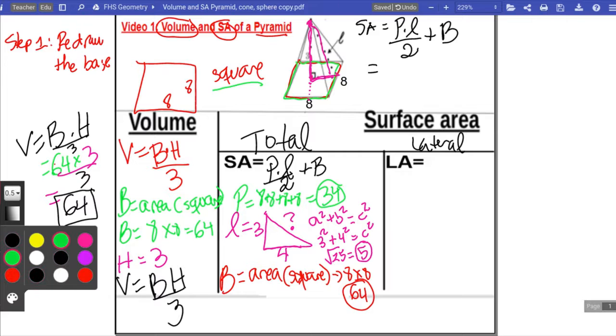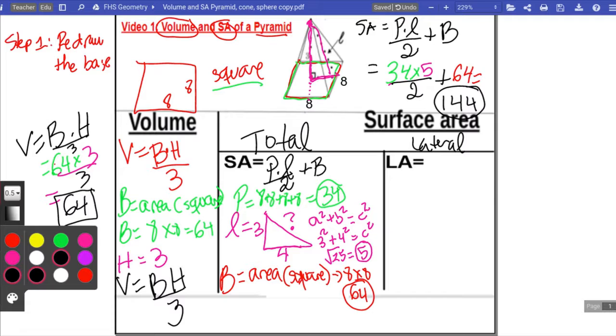Perimeter, which was my green color, I have 32 times L, the slanted height, which was 5, all of this divided by 2, and then plus the big B. Big B was 64. And when you do your math right there, you get 144. That will be your total surface area.